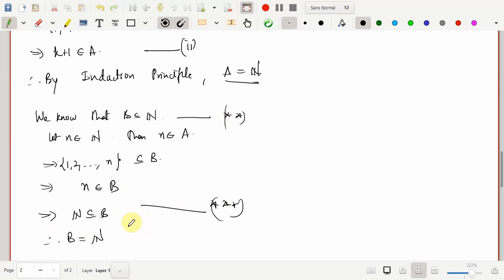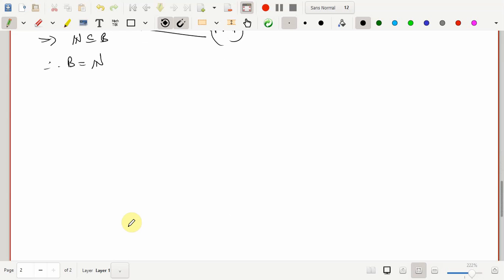So assume that the strong induction principle is true.